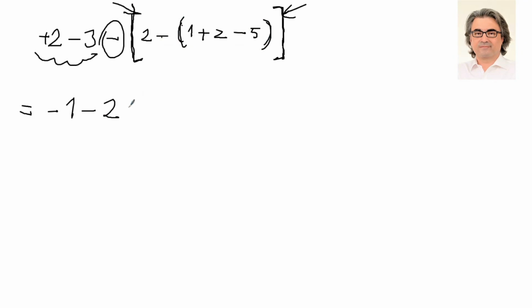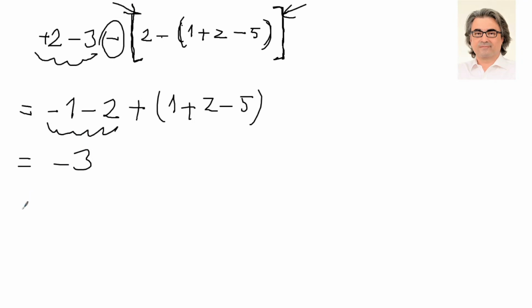Change its sign. Make plus. And write the parenthesis again. Now the operation between minus 1 and minus 2. Their summation, 1 and 2 is 3. And the sign of 3 is minus.